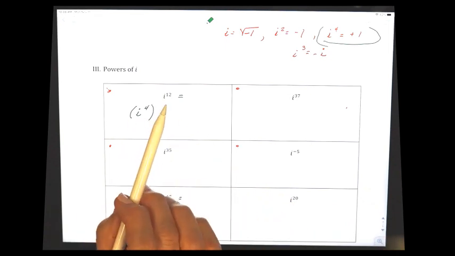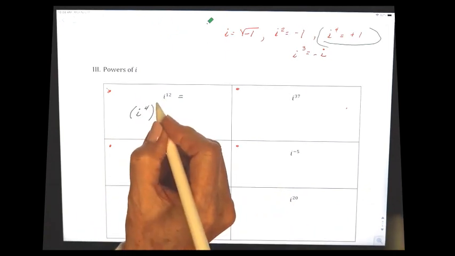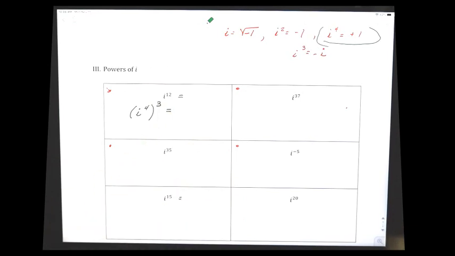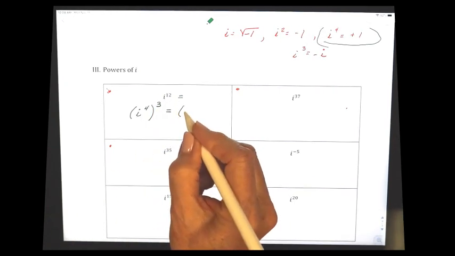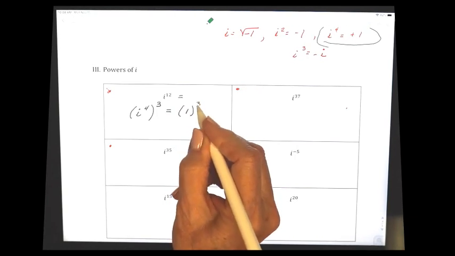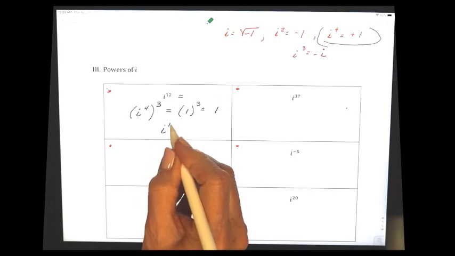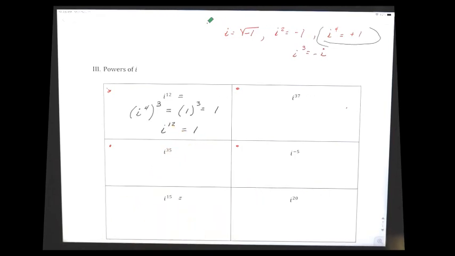So I can see here, if I take i to the 12th and I rewrite it as i to the fourth cubed, if you remember your exponent rules, these multiply together, which brings me back to that power of 12. And then I can see that i to the fourth is equal to 1, and I can do the arithmetic and simplify: i to the 12th is equal to the whole number +1.